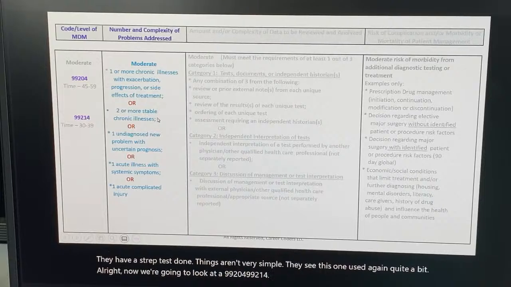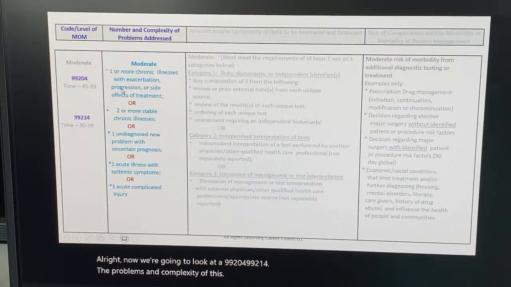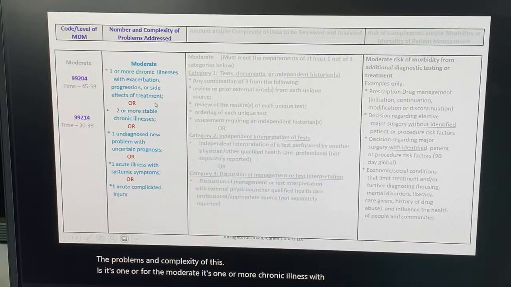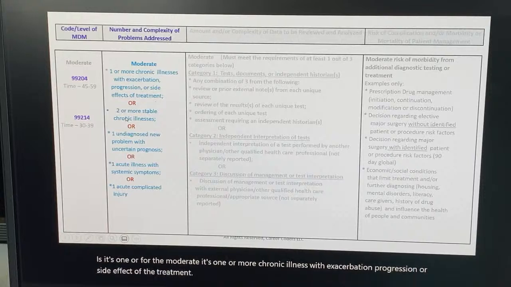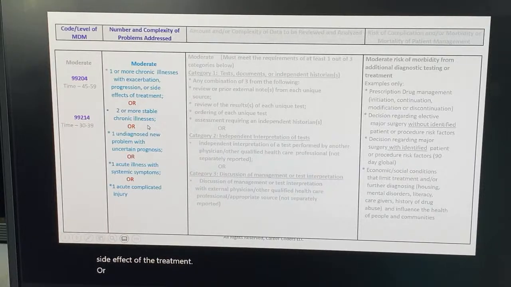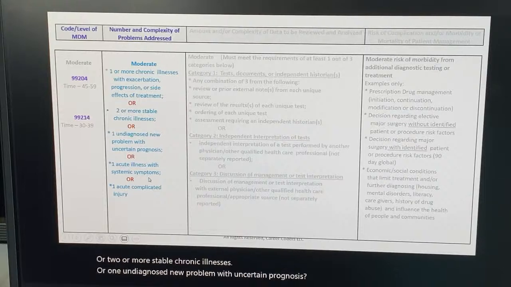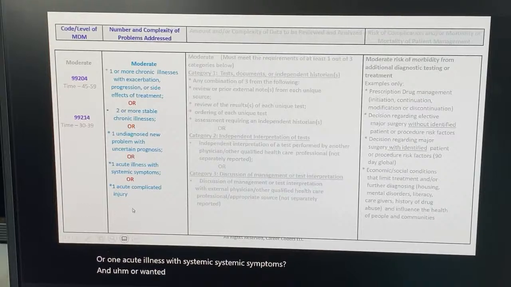The problems and complexity of this is, for a moderate, it's one or more chronic illness with exacerbation, progression, or side effect of the treatment, or 2 or more stable chronic illnesses, or one undiagnosed new problem with uncertain prognosis, or one acute illness with systemic symptoms, or one acute complicated injury. That would be more like a concussion or something.